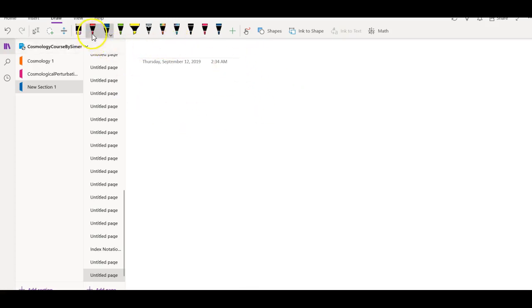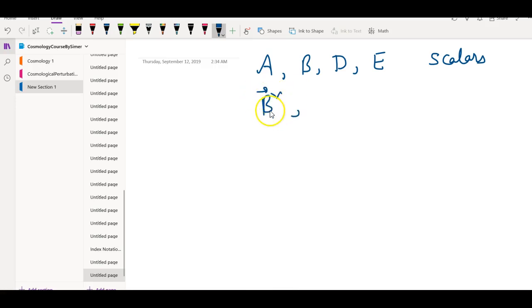We have seen that we have the following components: A, B, C, E, scalars; B_V, vector, or if you want to write in index notation, B_V^i and E^i vectors; and tensor E_T^ij.